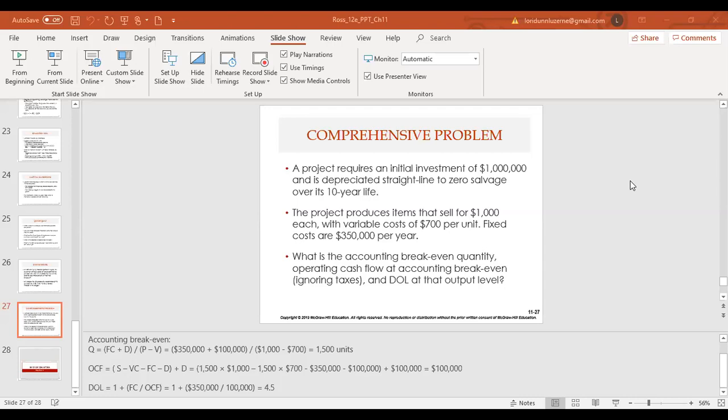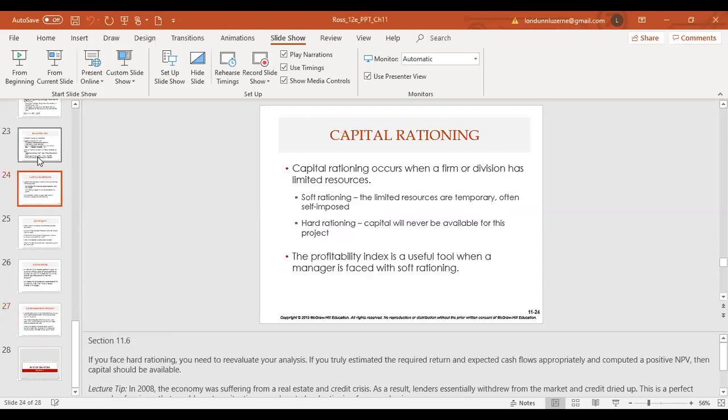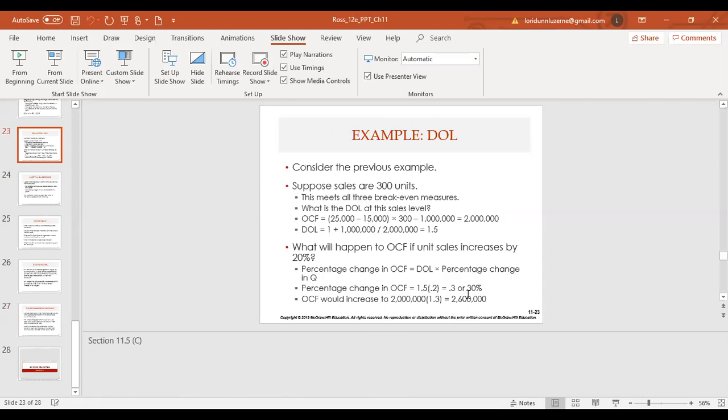Well, what would be the operating cash flow change? 4.5 times the percentage change, 40, or 1.8.